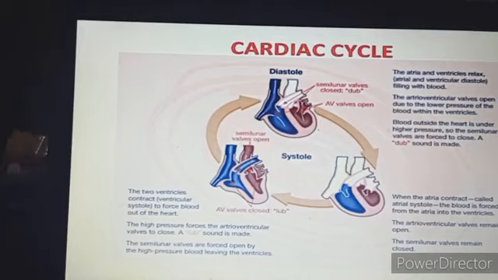A fraction of seconds later, what happens? The two ventricles contract and push the blood into the pulmonary artery and the aorta.